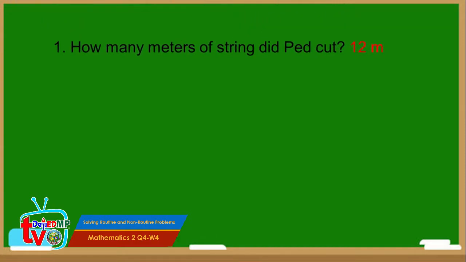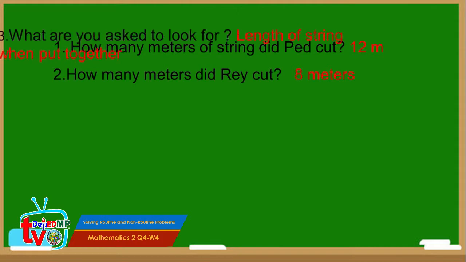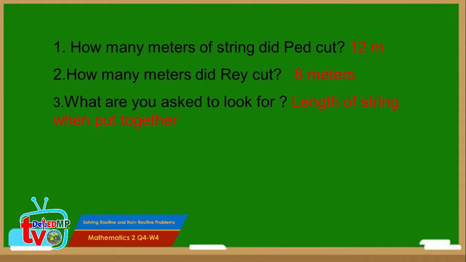Number 1. How many meters of string did Ped cut? The answer is 12 meters. Number 2. How many meters did Ray cut? The answer is 8 meters. Number 3. What are you asked to look for? You're asked to look for the length of string when put together.